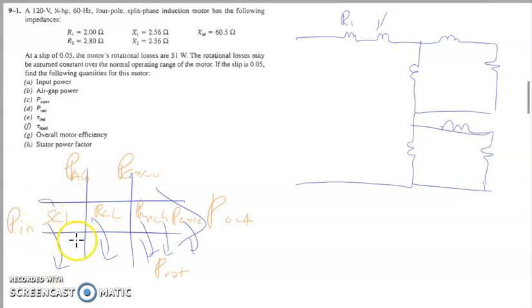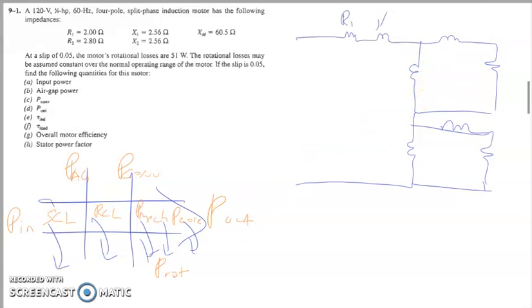P air gap minus rotor copper loss gives P converted. So we can visualize what is where. P out is P converted minus all the related rotational losses: P mechanical, P core, etc.